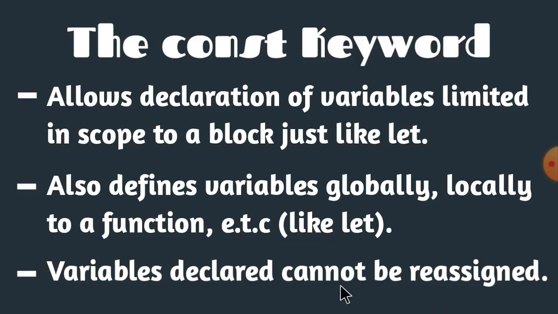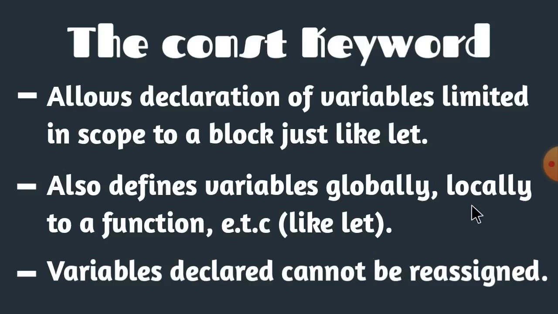Const simply means constant, and as we know, the meaning of constant is something that remains like that, it doesn't change. So once we declare a variable with the const keyword, we cannot reassign its value, like we cannot change its value again. It has to be like that.